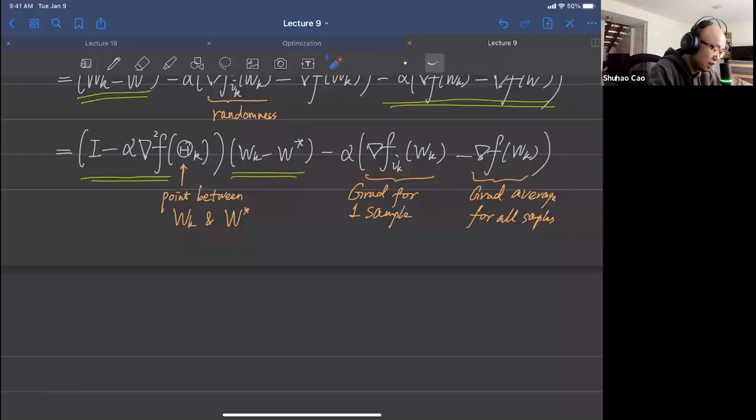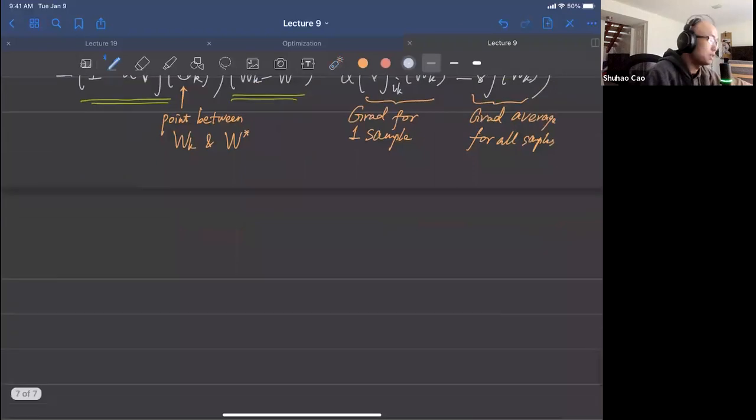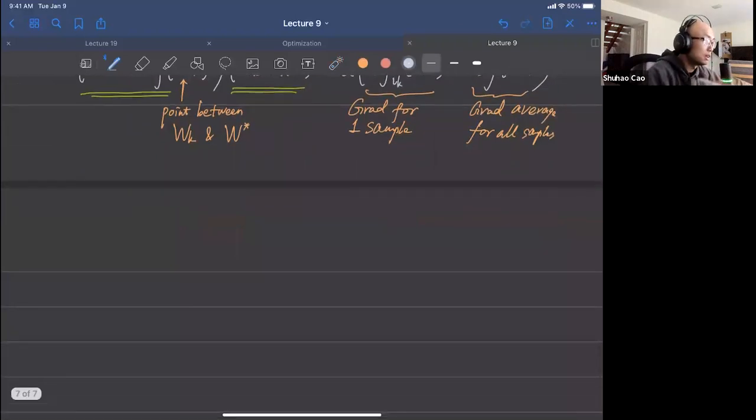Okay, now let's use the error equation. Let's bound the error equation, but we use the expectations.